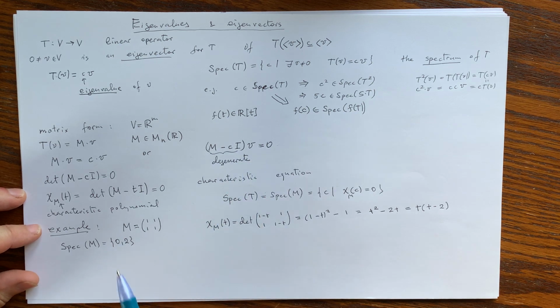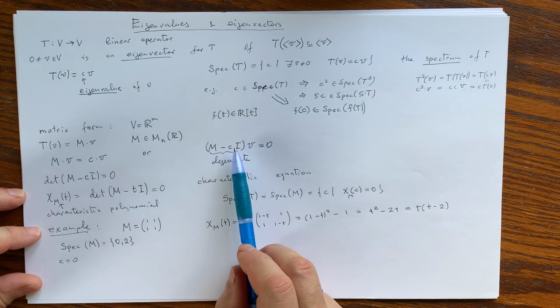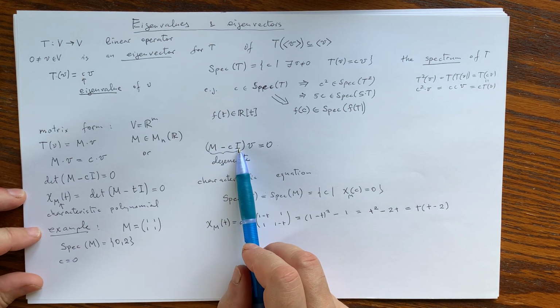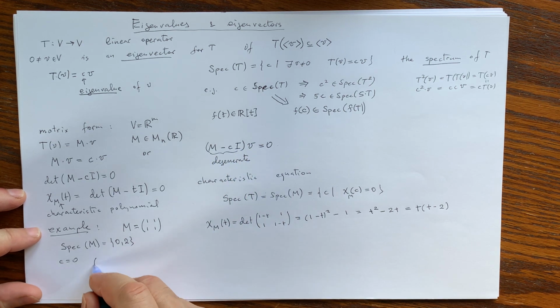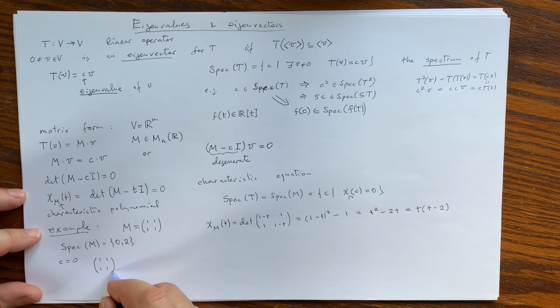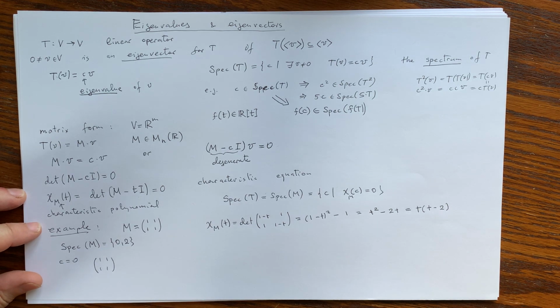So the first one for 0. We have to subtract 0 times identity, which is just the 0 matrix, from our matrix M, and that is just our matrix M. And then we have to solve a homogeneous system with this matrix.